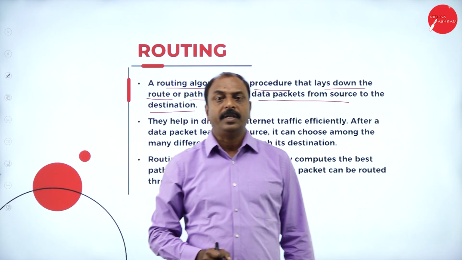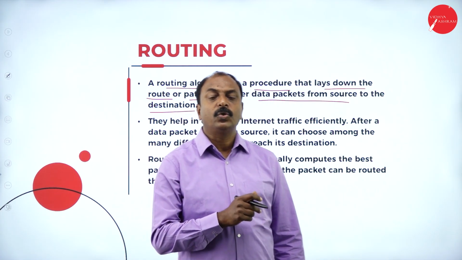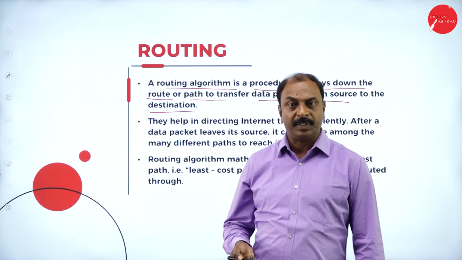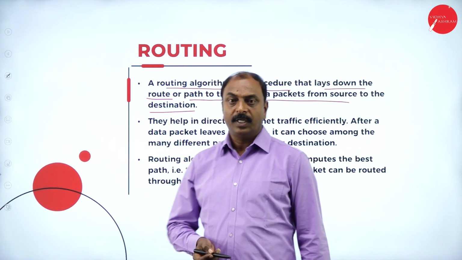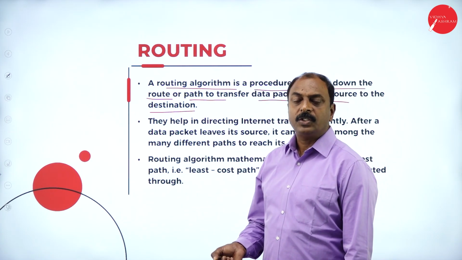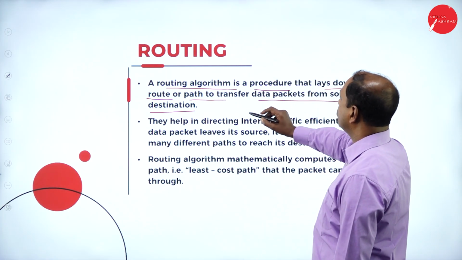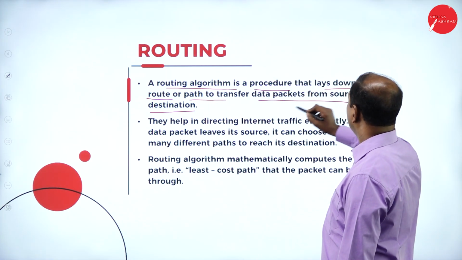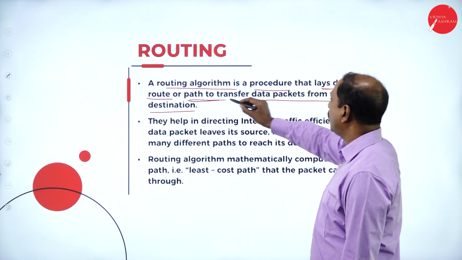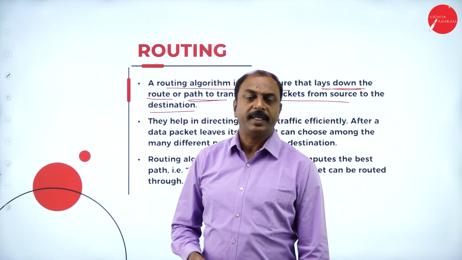You know a network device called a router. The router is going to prepare its own routing table in the network. So each and every router in a network is going to have its own routing table. In the routing table, it is going to lay down the route or path between the host and destination to transfer the data.